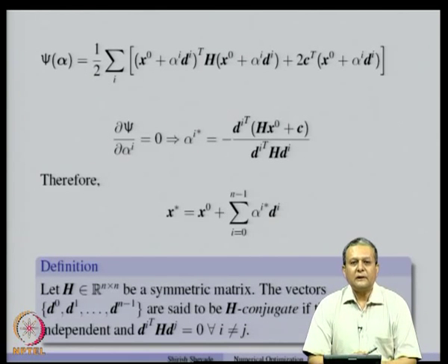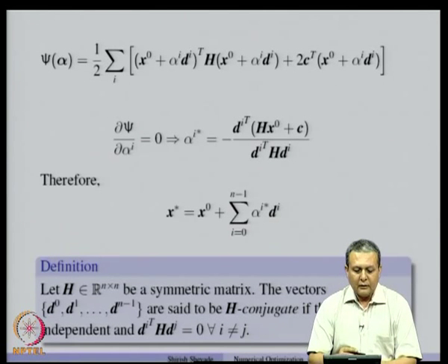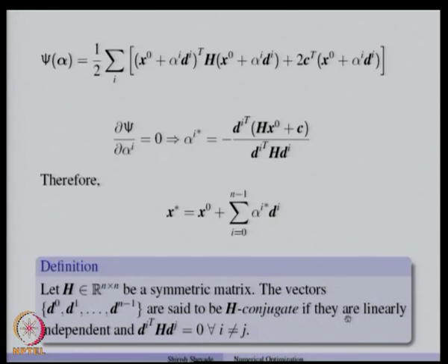So, what are these directions with d i transpose H d j equal to 0? Suppose we have a symmetric matrix H which is n dimensional, then the vectors d0 to dn minus 1 are said to be H conjugate if they are linearly independent and d i transpose H d j is equal to 0 for all i not equal to j.